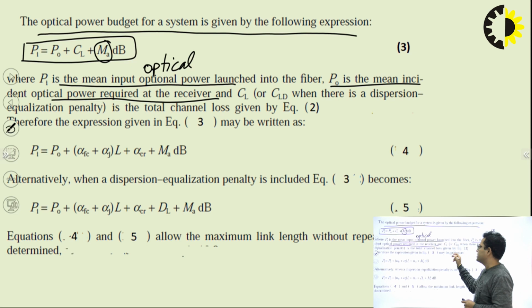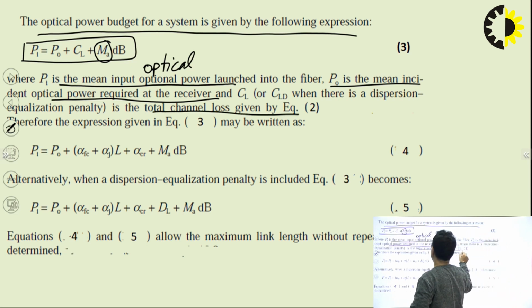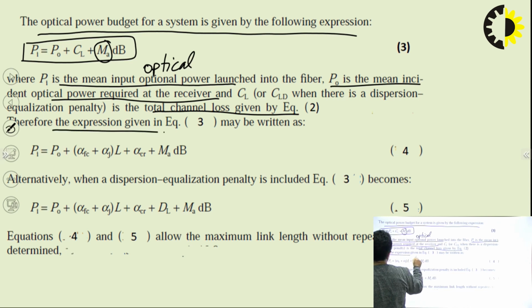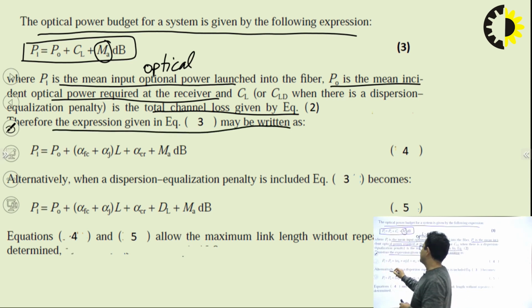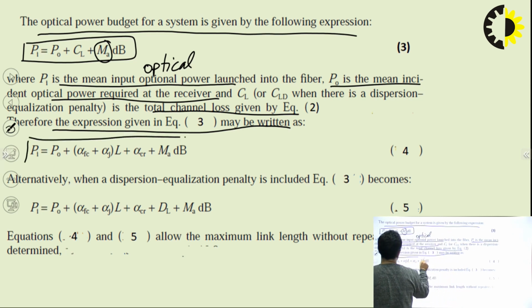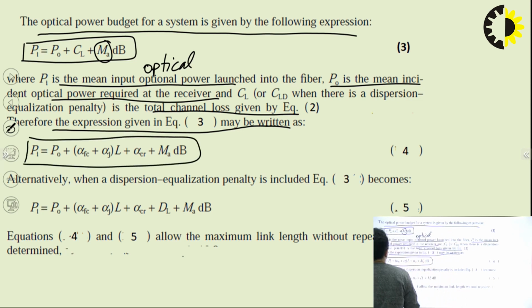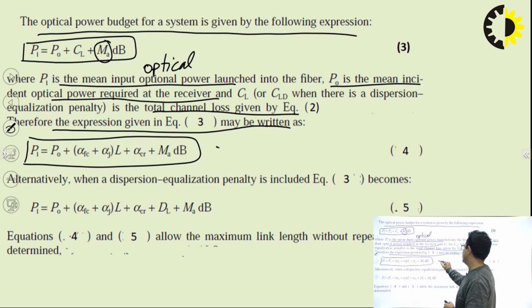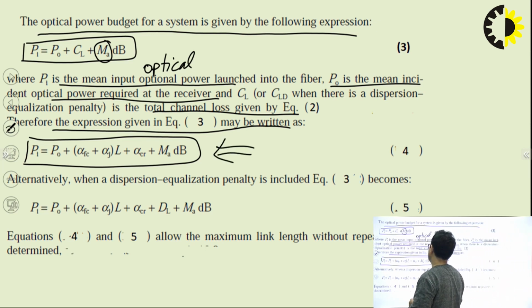So after this, what is the total channel loss that will be given by? We have seen in the equation. As per this, equation 3 will be modified as PI is equal to PO plus alpha FC plus alpha J L plus alpha CR plus MA. In this we have not included the dispersion equalization.